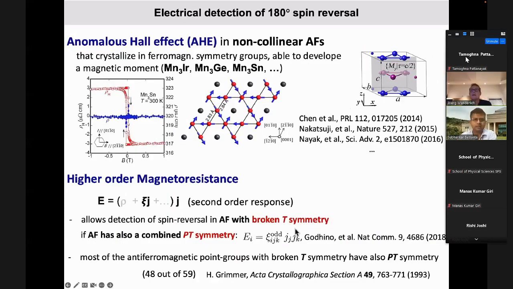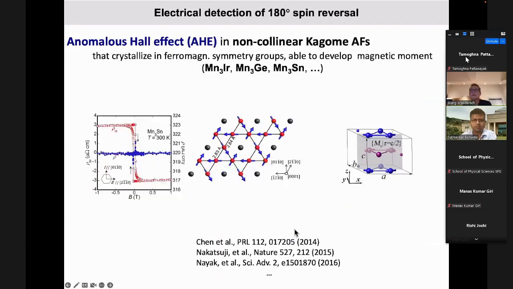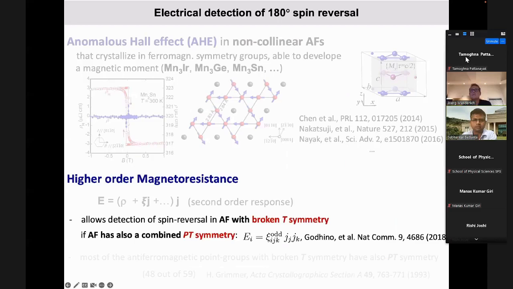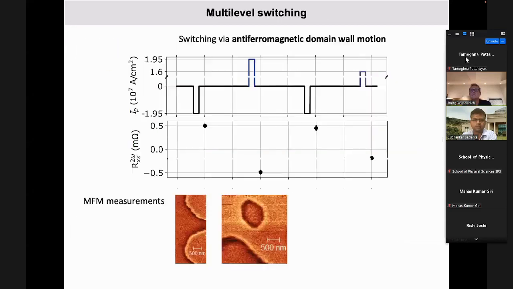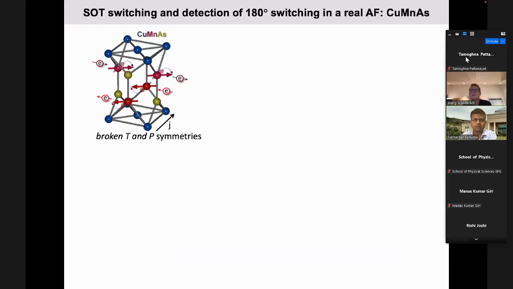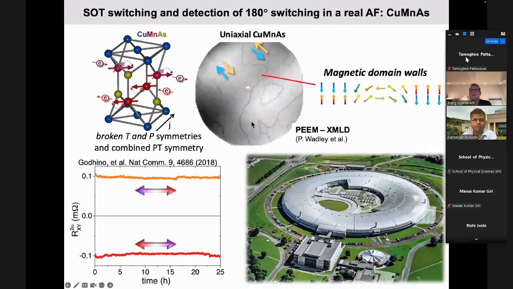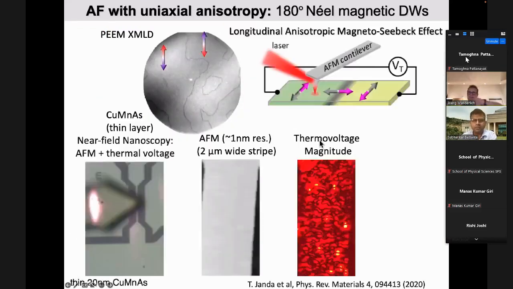Here, I think. Yes, the thermovoltage magnitude, you see this string-like feature.